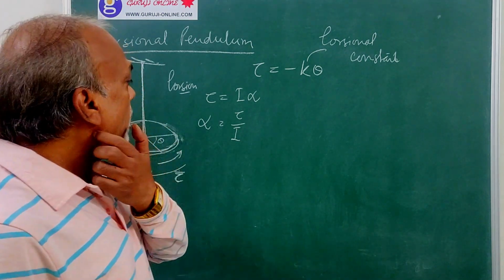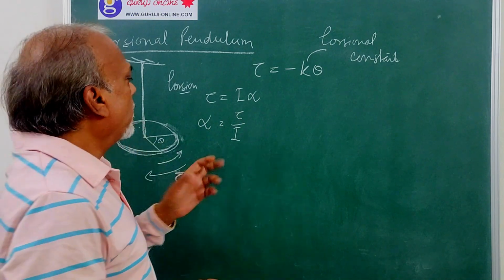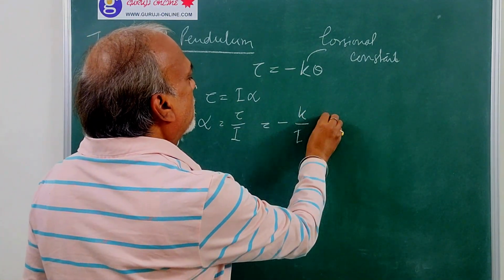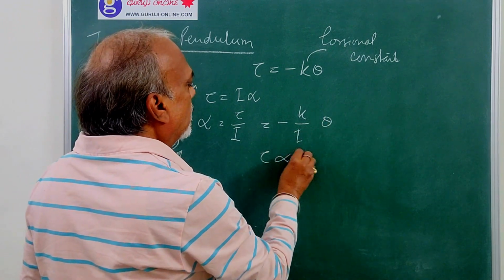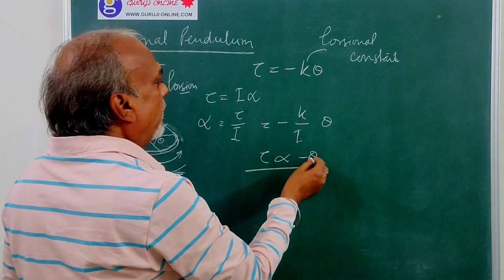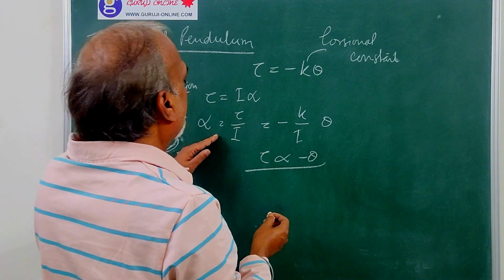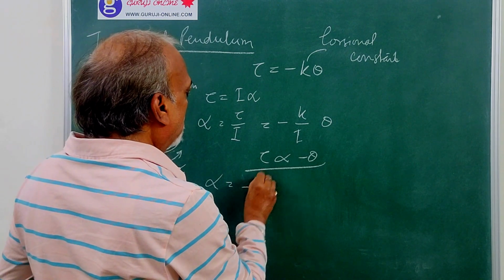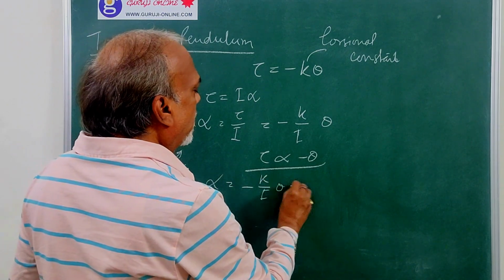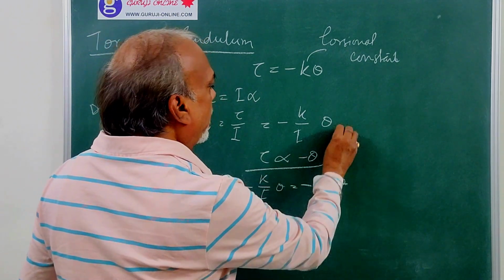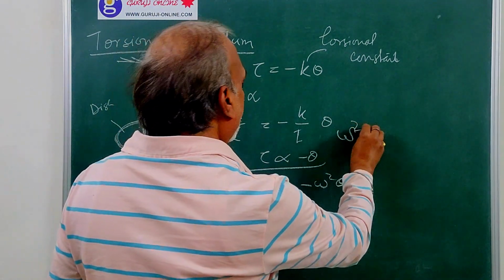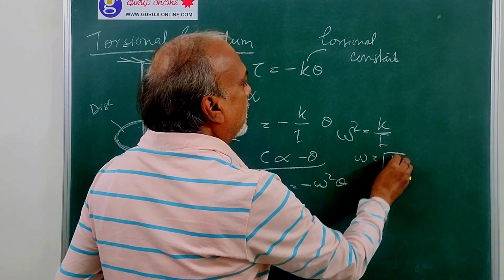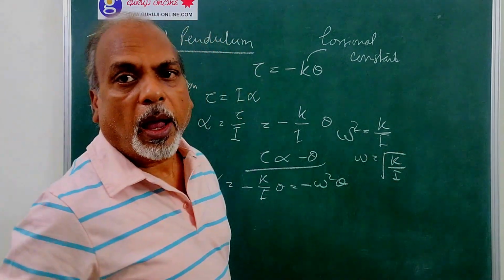So alpha is nothing but minus k upon I theta, torque is proportional to minus theta, and here omega square is nothing but k upon I, or omega is root k upon I.